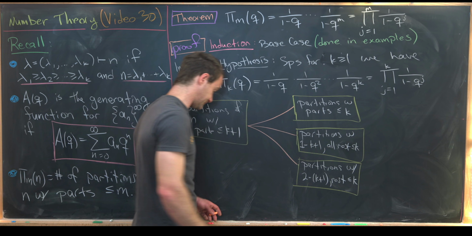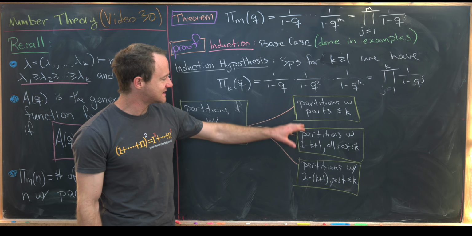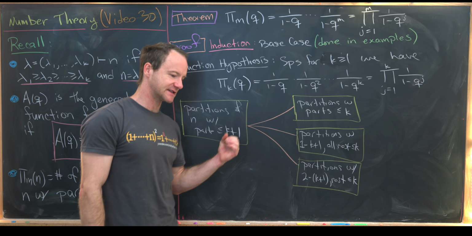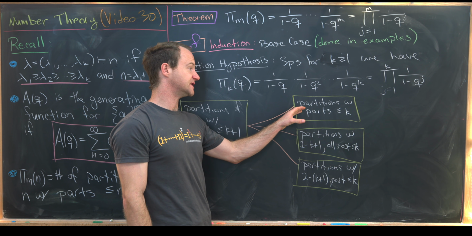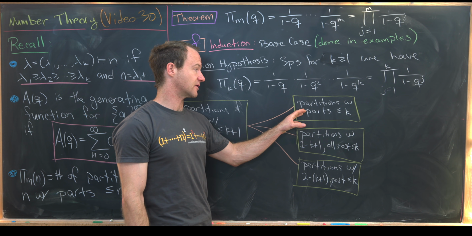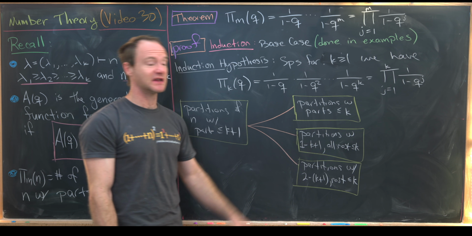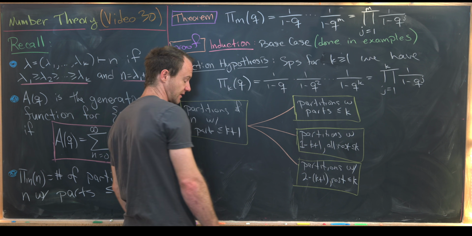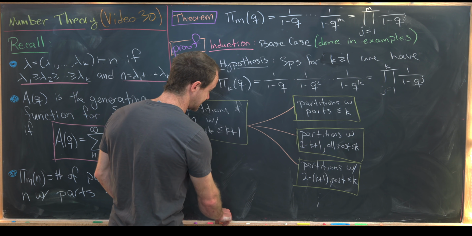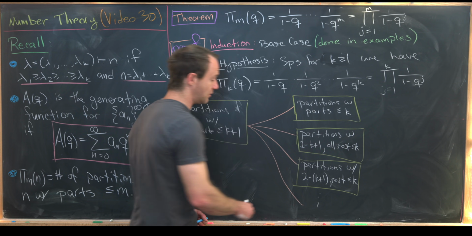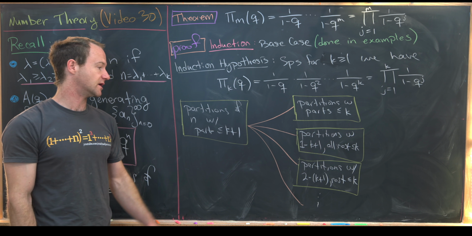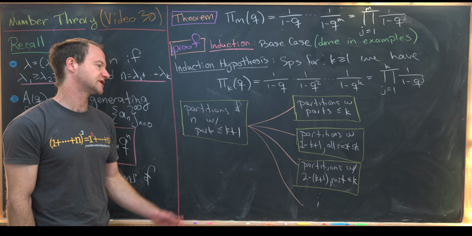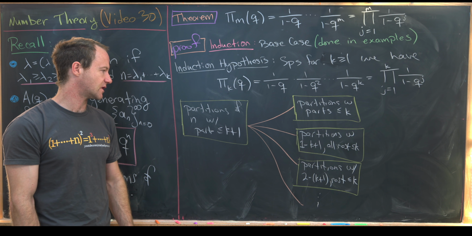Okay, nice. Now let's look at this and notice that these sets are disjoint. You cannot simultaneously be a partition using 0 parts that are equal to k plus 1 and be a partition using 1 part equal to k plus 1, and so on and so forth. And this obviously extends for all possible values: using exactly 3 terms that are k plus 1, 4 terms that are k plus 1, and so on.